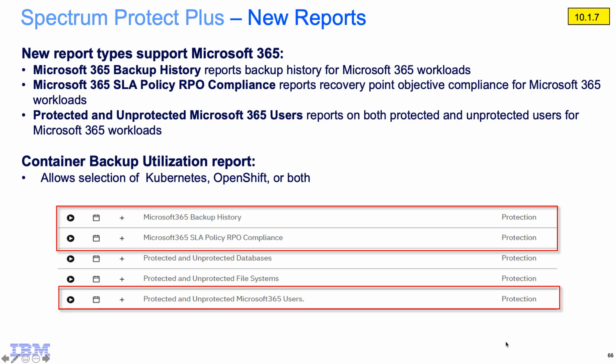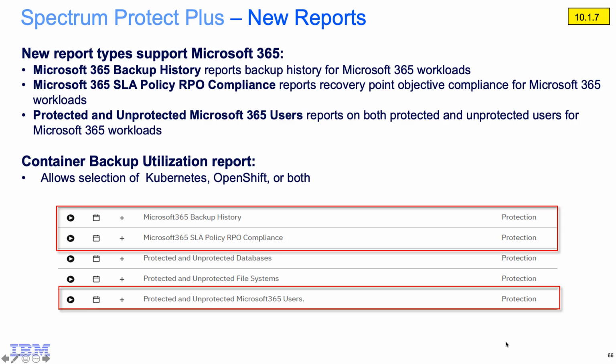Continuing with some enhancements to the core technology, we've added some report types for Microsoft 365, Office 365. That includes the backup history report, the SLA policy RPO report, and the protected and unprotected users report for Microsoft Office 365.